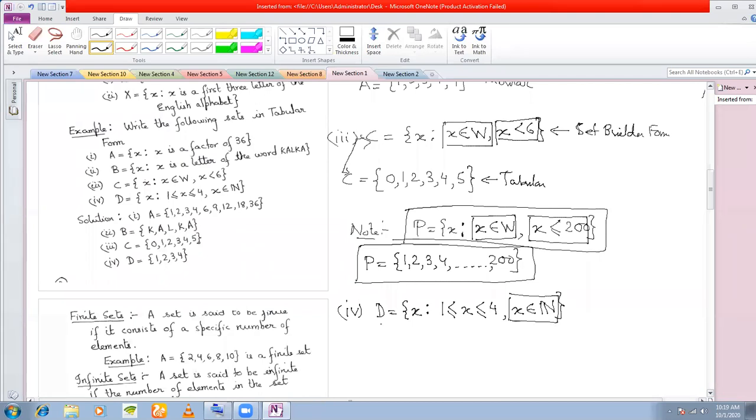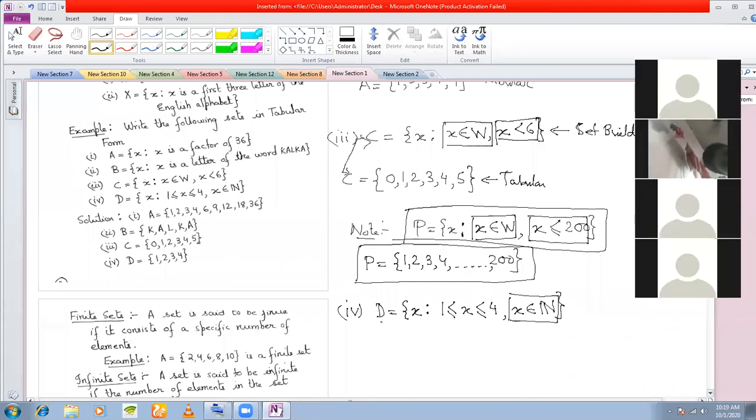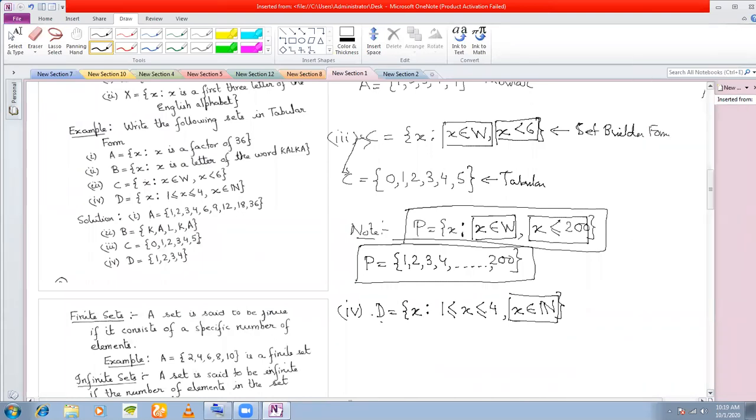So D is a set where X is an element of D, and X is a natural number such that 1 less than or equal to X less than or equal to 4. Clearly, the elements of D are natural numbers. But what is the next restriction?